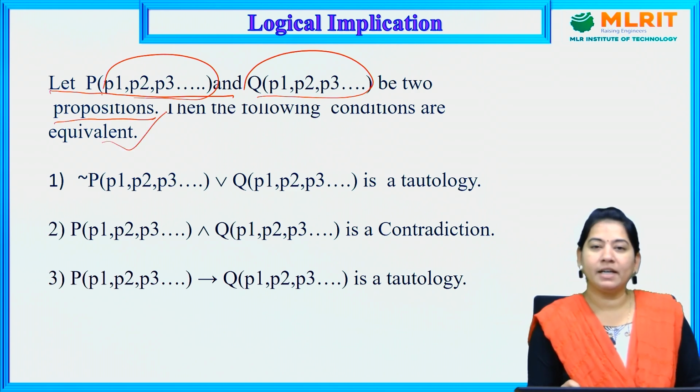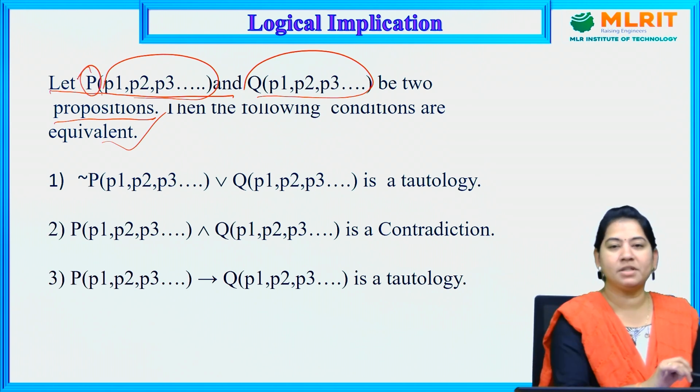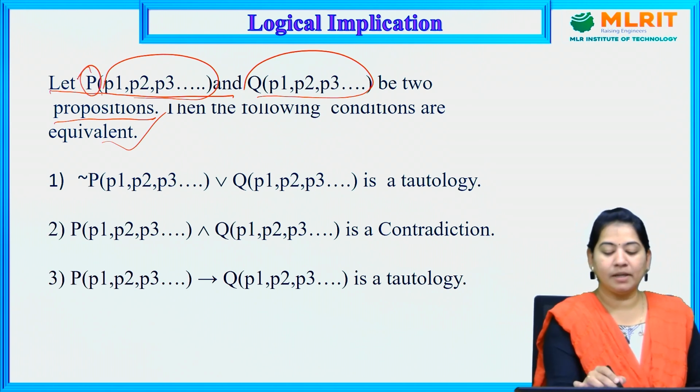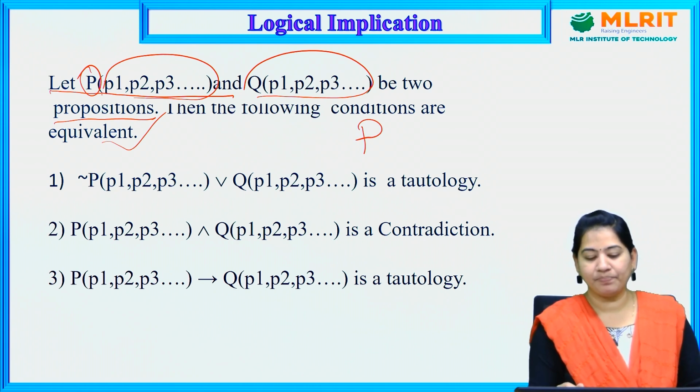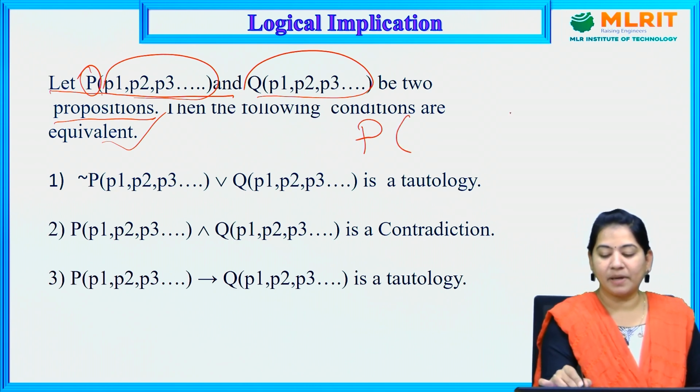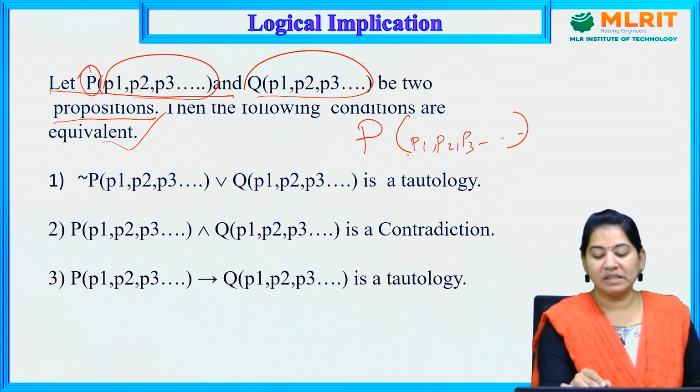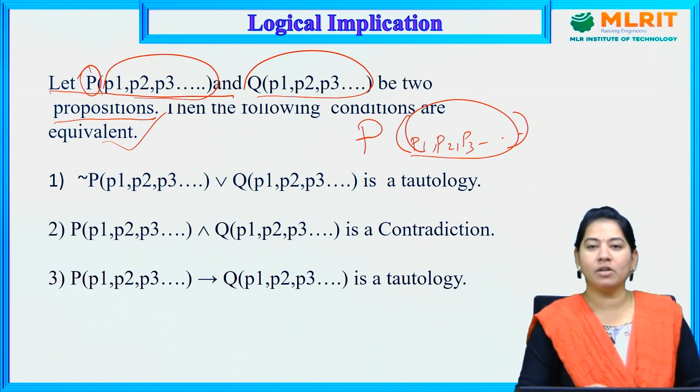First, let us understand what these propositions P and Q are. Here I am denoting a proposition with the capital letter P. In this place we have small p1, small p2, small p3, and so on. This is nothing but any compound statement.